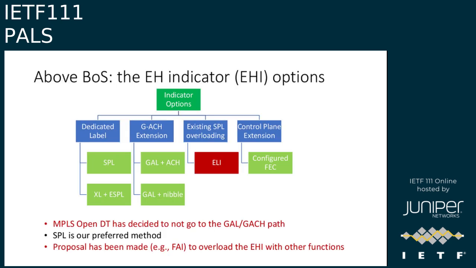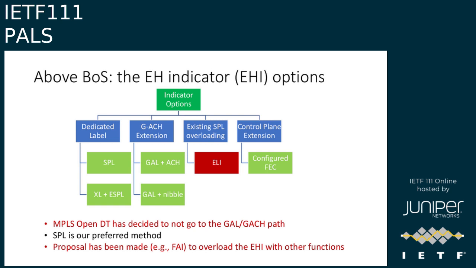So first, let's talk about how to indicate the presence of extension headers. In one of our drafts, we list several possible solutions. The first set of solutions is using dedicated labels, like the special purpose label or extended special purpose label.